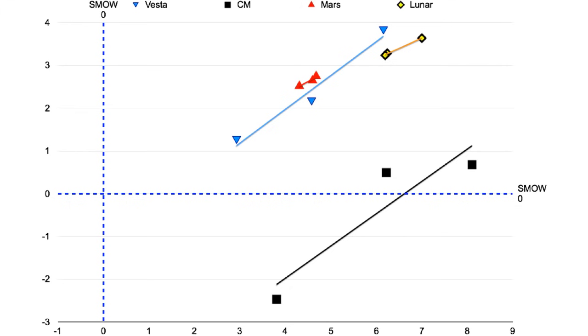I'll try to do that for next semester. Anyways, the lunar ones are up here, a little bit below Mars. I don't have any terrestrial, but I do have a couple lunars up here. Here's Vesta down here. Here's SMOW, the blue dot at the origin.